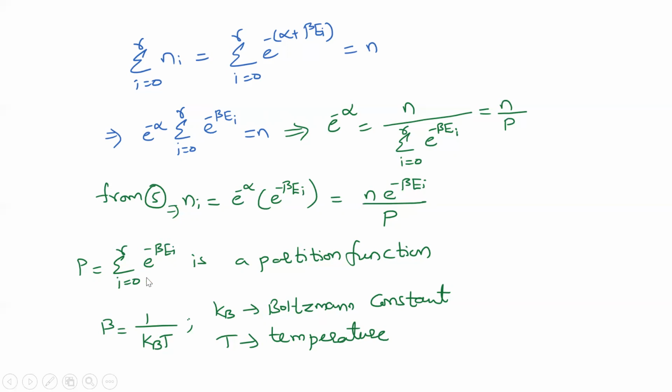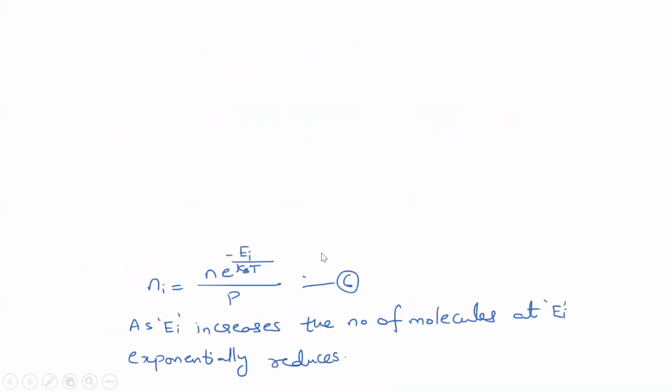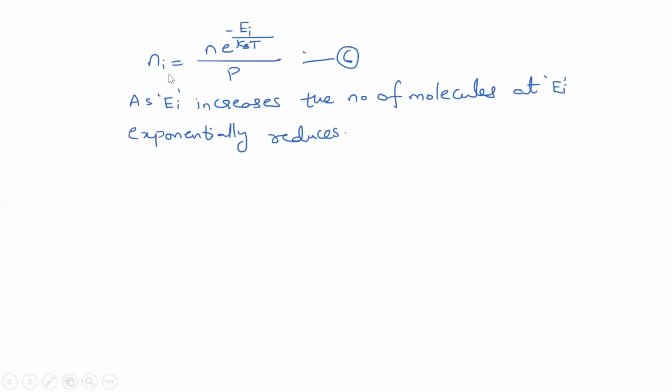Here P is the sum from i equal to 0 to R of e power minus beta Ei, the partition function, and beta is equal to 1 by kBT, where kB is the Boltzmann constant and T is temperature. When we substitute that, we get Ni is equal to N by P into e power minus Ei by kBT.